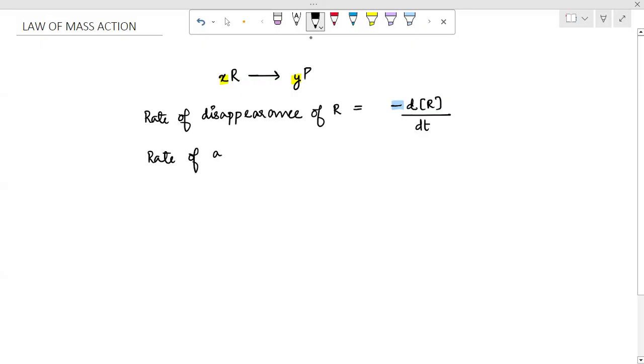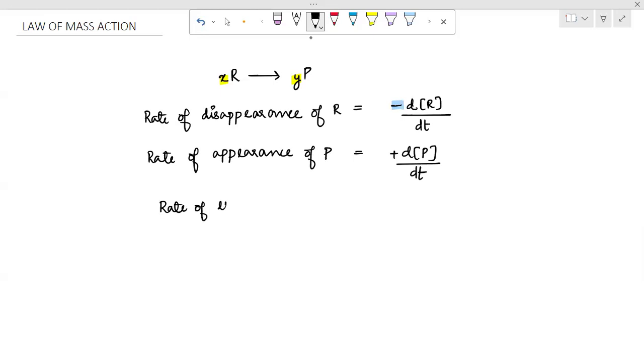And we can also write the expression of rate of appearance of the product. That is going to be plus concentration changes of dP with time dt. And we have the rate of the reaction. When you write the expression of the rate of the reaction, we need to consider the stoichiometric coefficient, right?